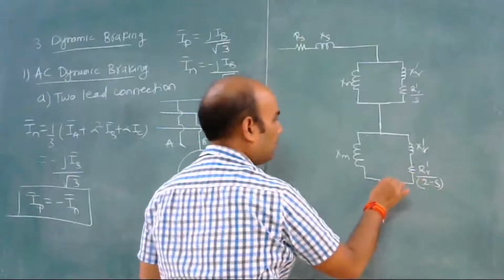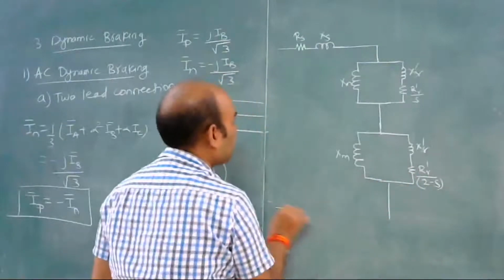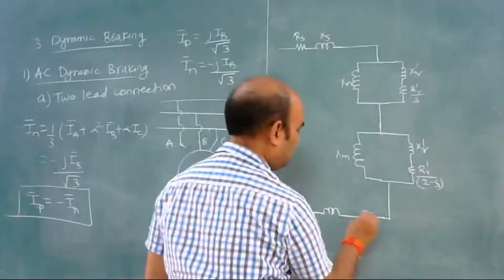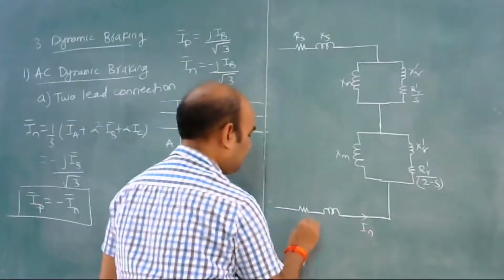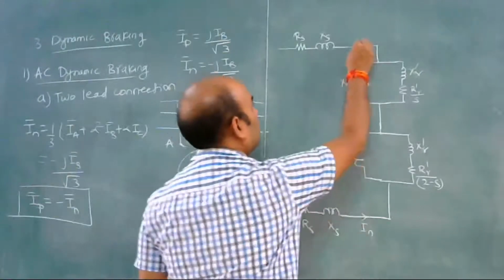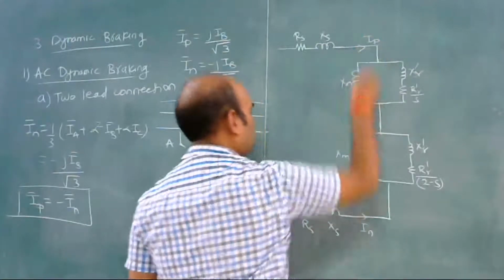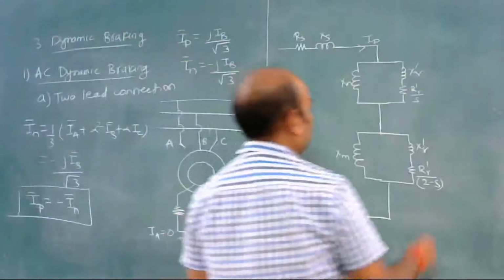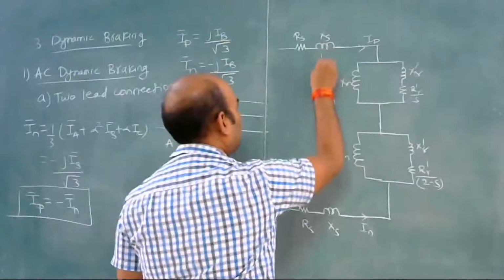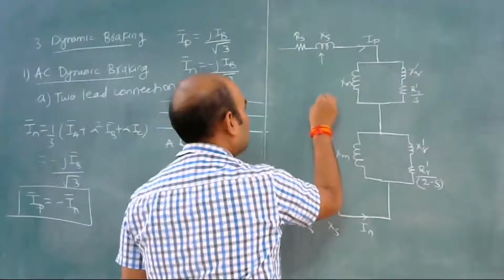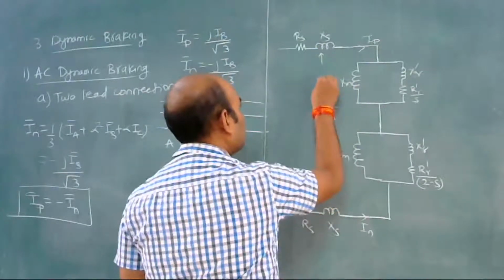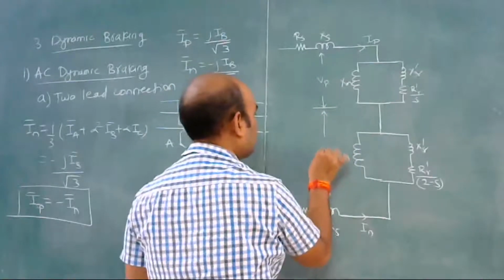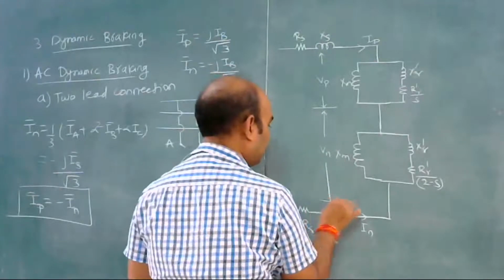In case of negative sequence, this is the equivalent circuit diagram. Current, so this is IN, this is RS XS, and this is I. So these are equal and opposite. The voltage across the positive sequence network is VP, and across the negative sequence network it is VN.